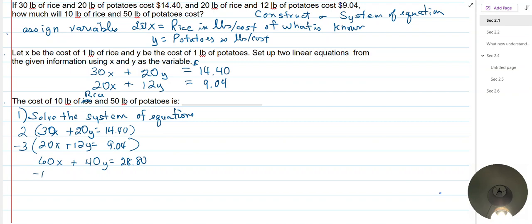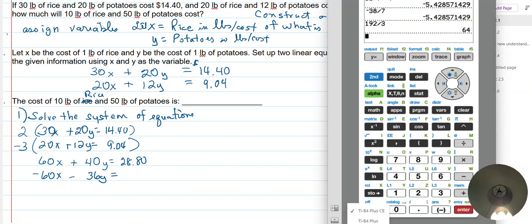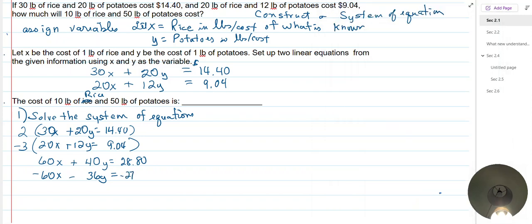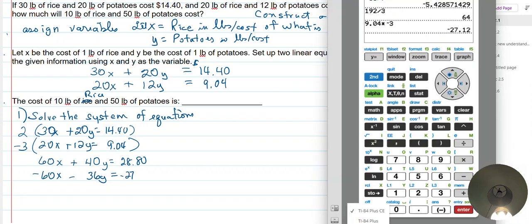Then I'm going to have a -60x, a -36y equals. Now I'm going to have to do that by calculator. I won't be able to do that in my head. 904 times our -3 is -2712.